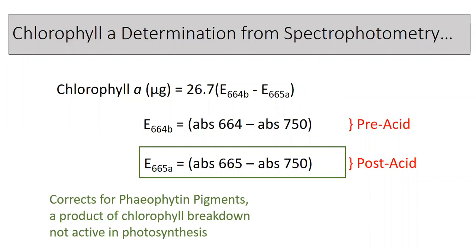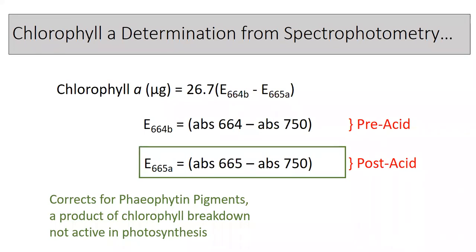The reason that we add the acid is to correct for the presence of other pigments that are the product of chlorophyll breakdown. They will also absorb at a very similar wavelength to chlorophyll, and so they can cloud our results, no pun intended.